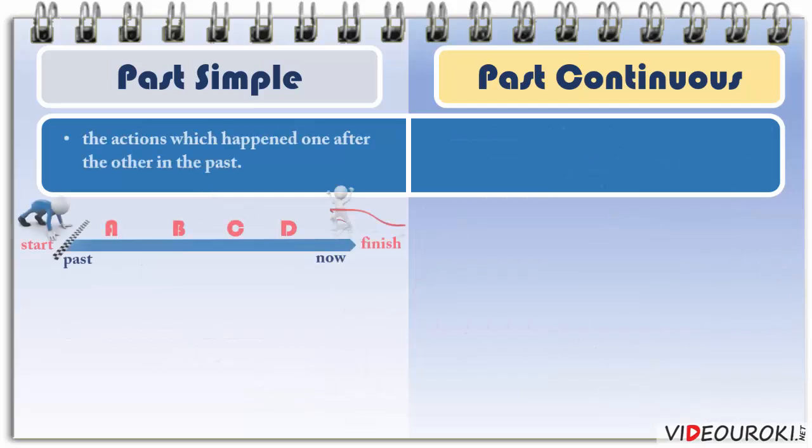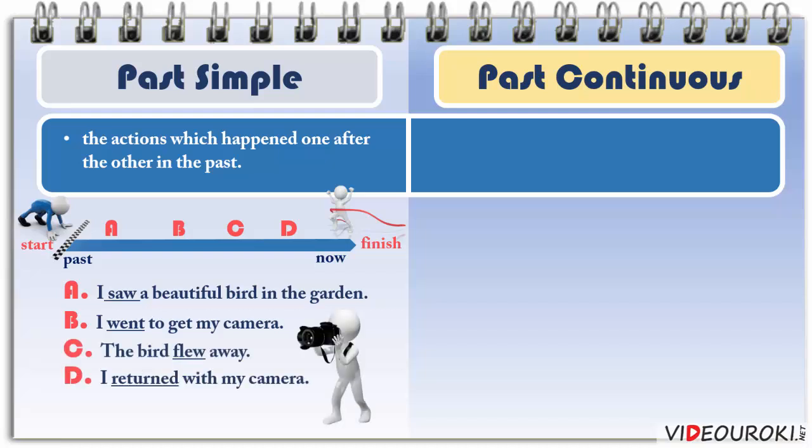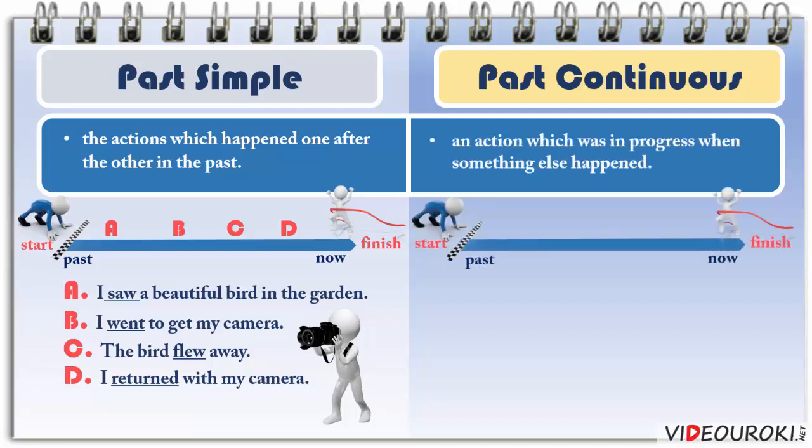We often use the past simple to talk about actions which happened one after the other in the past. I saw a beautiful bird in the garden. I went to get my camera. The bird flew away. I returned with my camera. We use the past continuous to talk about an action that was in progress when something else happened.